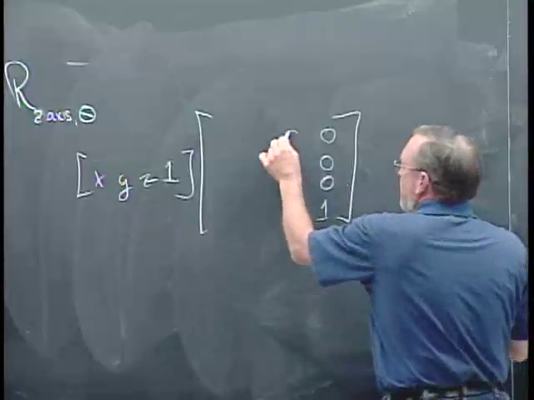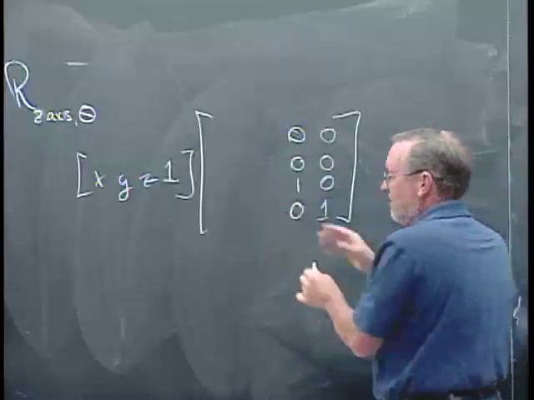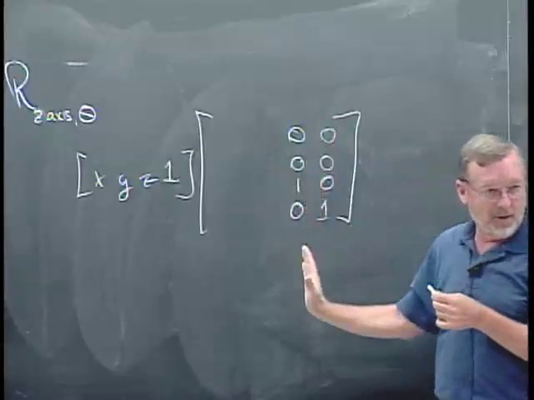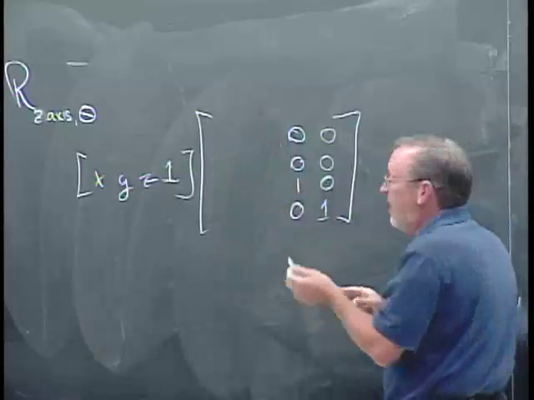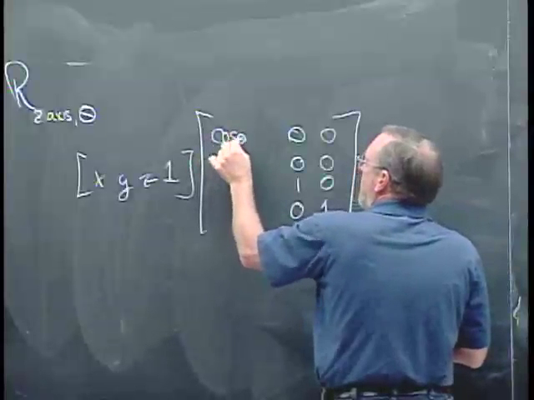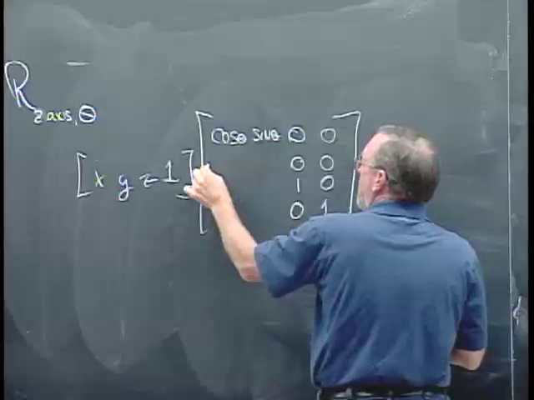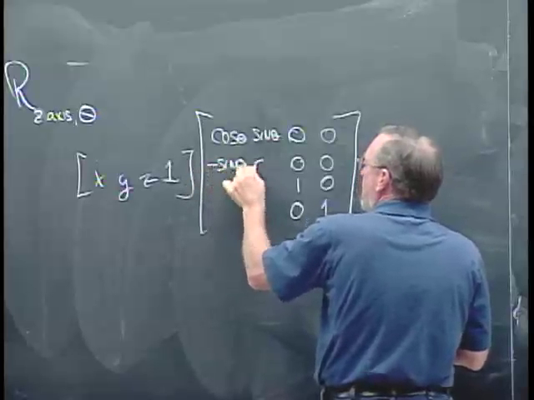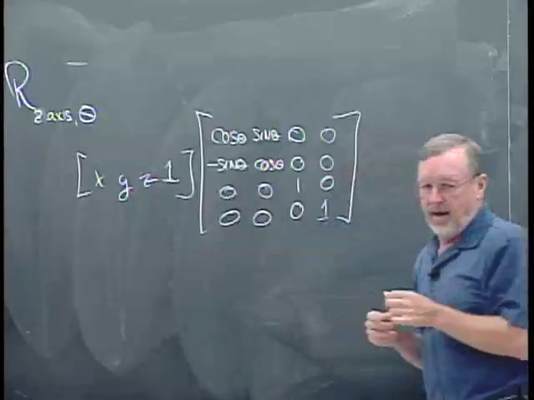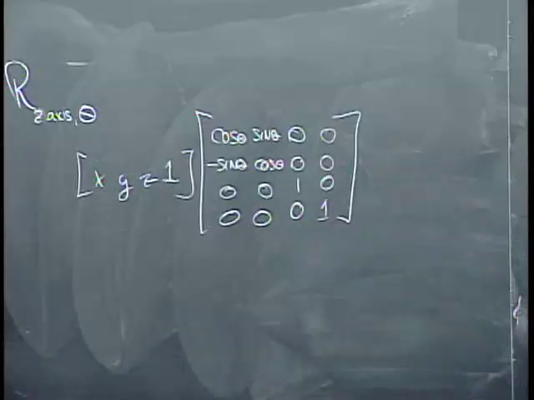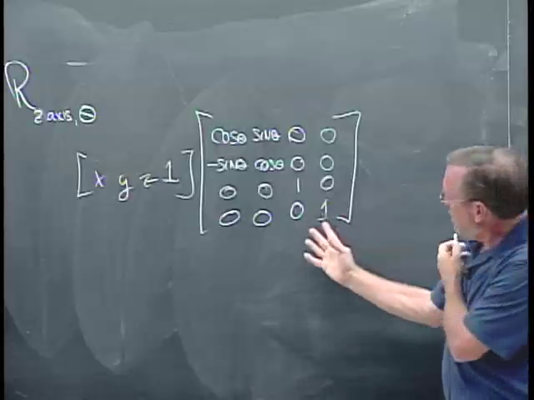So this thing has to be 0, 0, 1, 0. The third coordinate only picks up the z-coordinate, so it doesn't change. So the only change is going to happen here, and guess what? You're going to get that as your matrix. Okay, this is rotation. It looks almost exactly like the other one, except it just keeps the z value constant. So this is rotation around the z-axis.